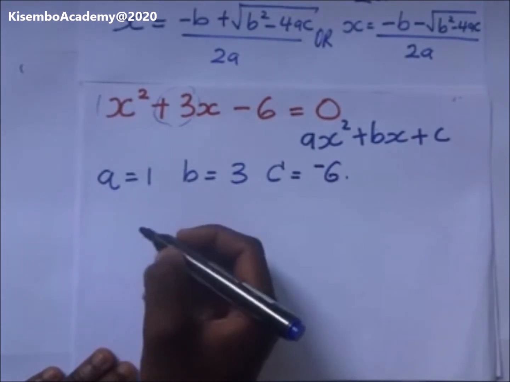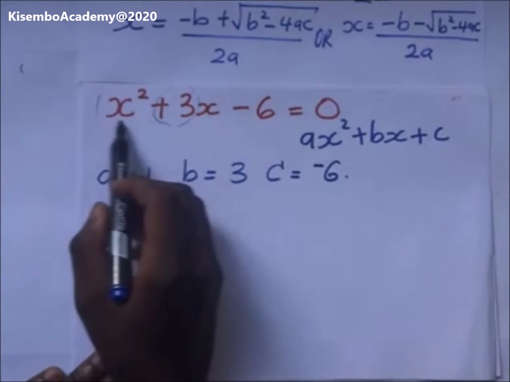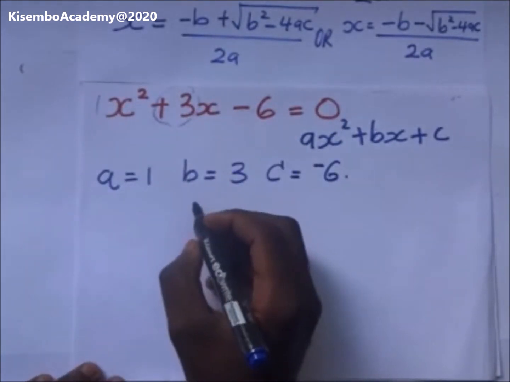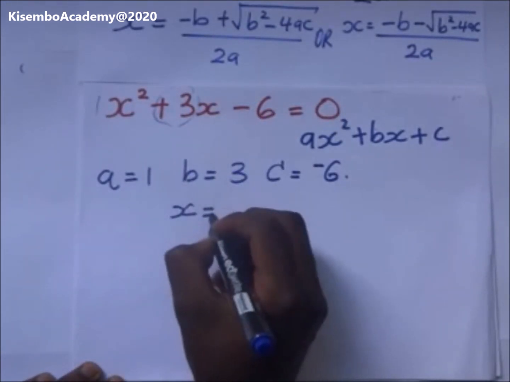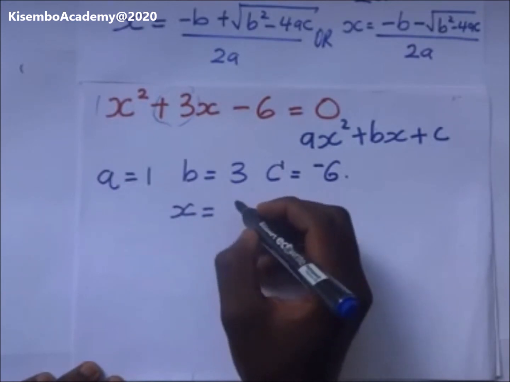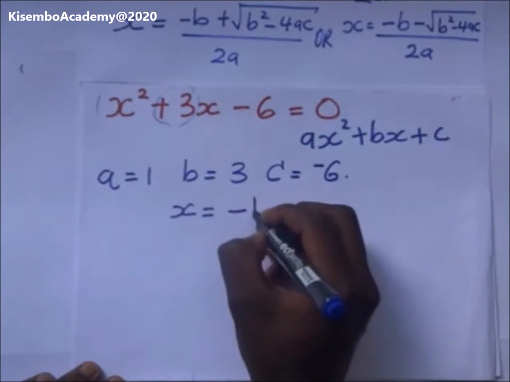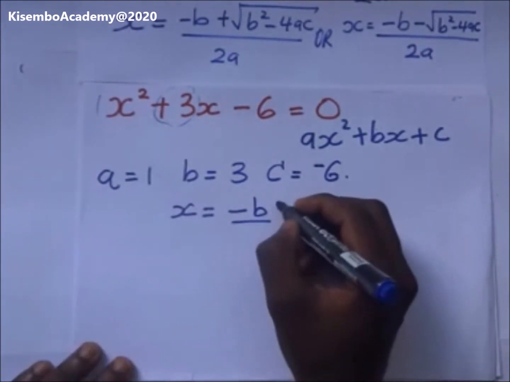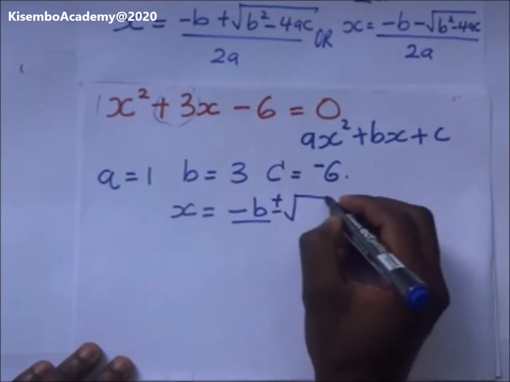So from our formula, to solve this quadratic equation, our value of x, we substitute in this formula, which is negative b plus or minus the square root of b squared minus 4ac, divided by 2a.